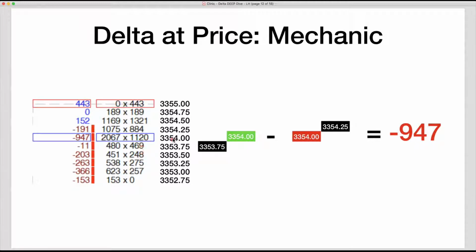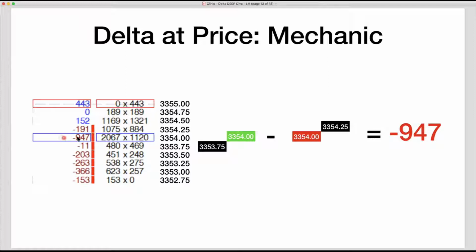So 54 even has traded both as a price where you could buy and as a price where you could sell. The inside market has been 53 3/4, 54. 54 was the offer, so you could lift the offer at 54. It's also traded as 54, 54 1/4, and you can hit the bid at 54.